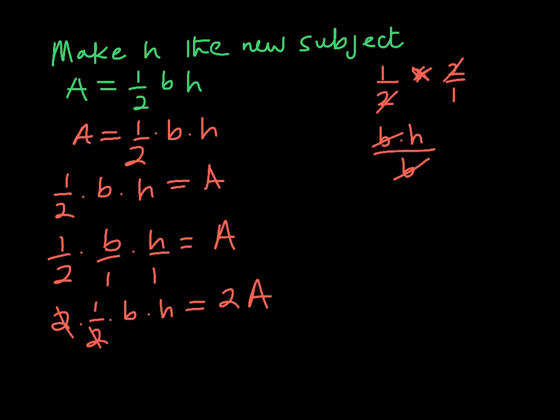So we're going to divide these two by the base, and also divide this by the base. So when you do that, the base cancels out, and what you have left is h is equal to 2a over b. Now what you have succeeded in doing is to make h the new subject of the formula.